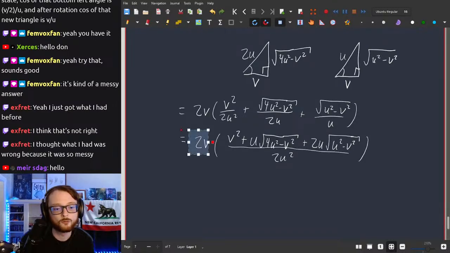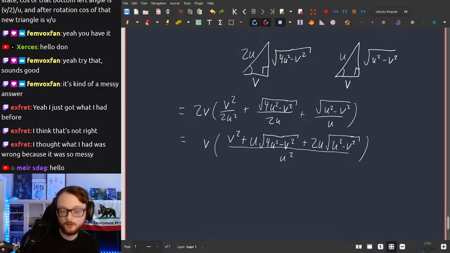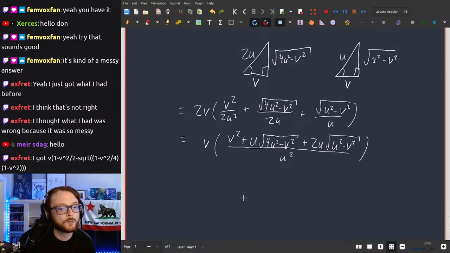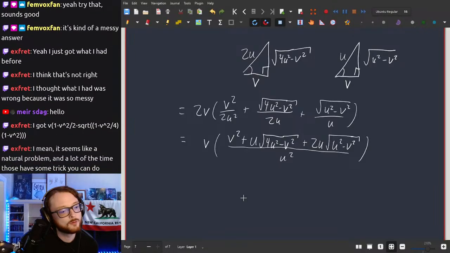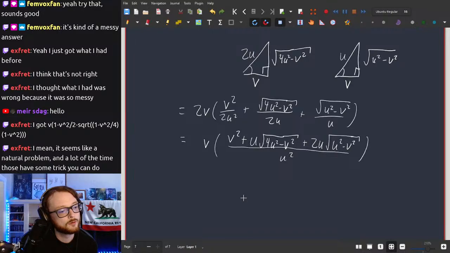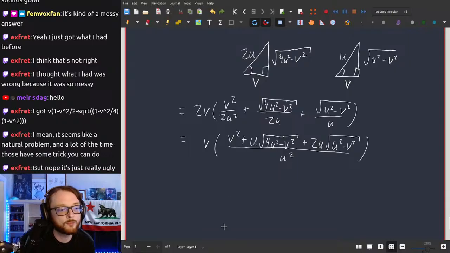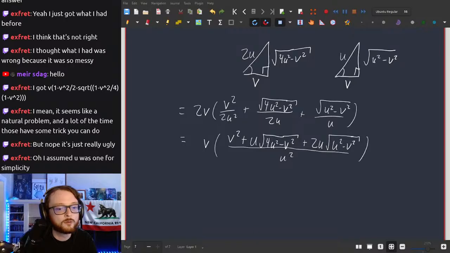You can cancel the twos. v1 minus v squared over 2. I don't know if that's the exact same as the example that we did in Desmos. Oh, you assumed u was 1. Okay.